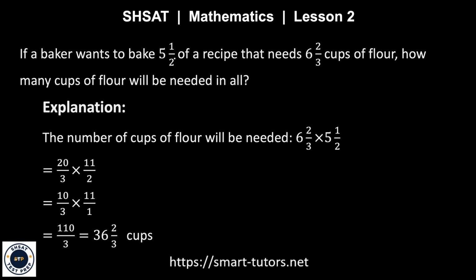Don't just look at the fractions and do whatever you like. So that is a big thing. Same way, make the mixed numbers into improper fractions, then multiply top to top, bottom to bottom, or you could simplify it. That gives you 110/3. Make this improper fraction into a mixed number, so that gives you 36 and 2/3 cups. So that is the final answer.